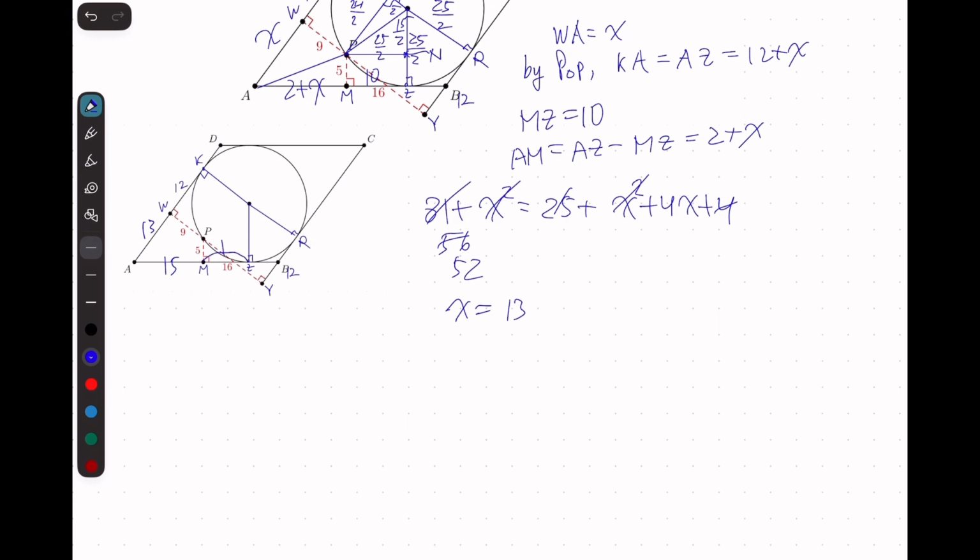MZ is 10. Now we just have to find how long KD is. So let's say that K is the length of each side, AD, DC, CB, and BA. And let's say that KD is K minus 25, since KA is 25 and DA is K.